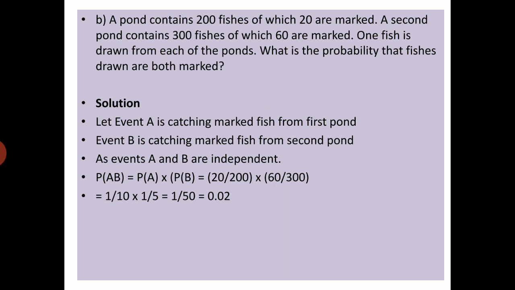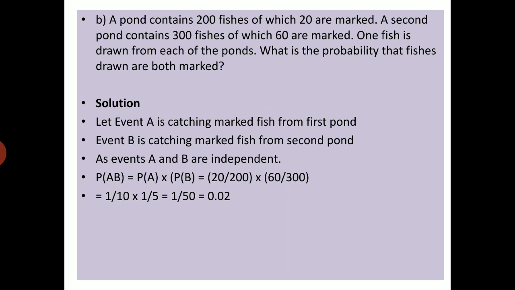One fish is drawn from each pond. What is the probability that both fishes drawn are marked? ओके. किती चान्सेस आहेत की जो फिश काढलेला आहे, त्यातनं काढलेला फिश हा मार्क केलेला असणार आहे. Let event A be catching a marked fish from the first pond.